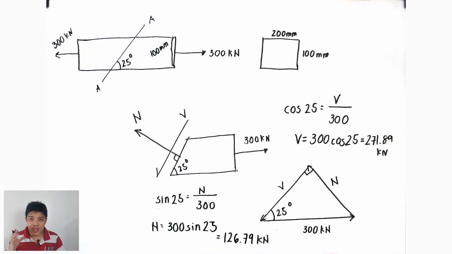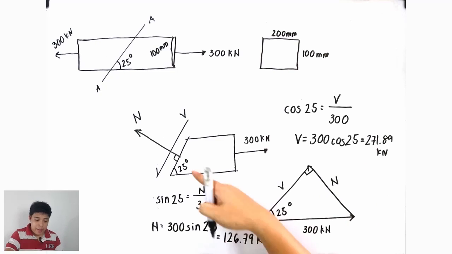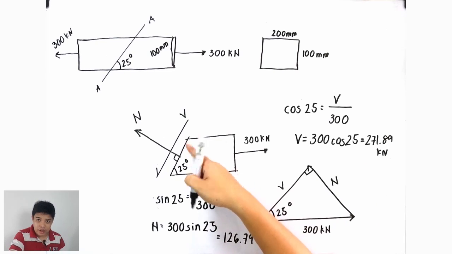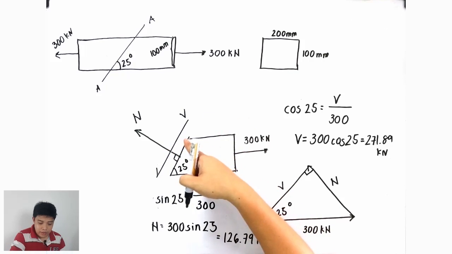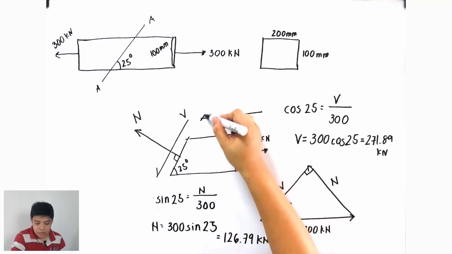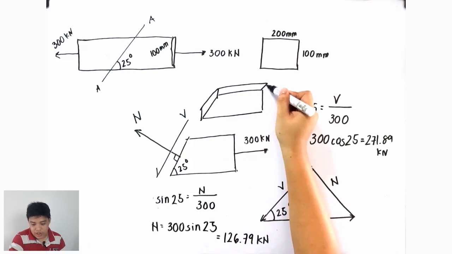And then we have to get the normal and shearing stress. But take note, you should be very careful on the area that you're going to use in dividing these values. Remember that this is the area that we are considering. If you're going to look at this area in 3 dimensions, it will look like this one. Forgive me for my not so good drawing.